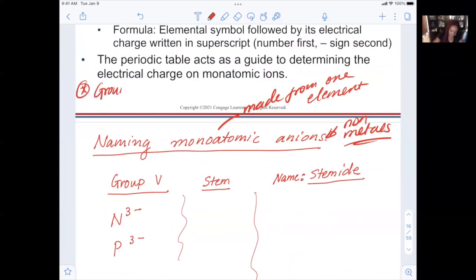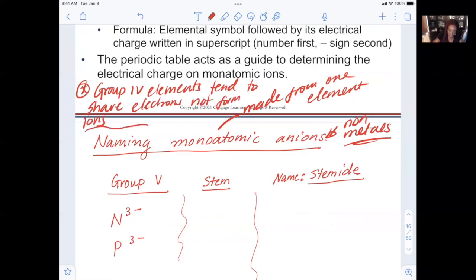Group 4 elements tend to share electrons, not form ions, okay? Remember, to form an ion, this is a quick recap.